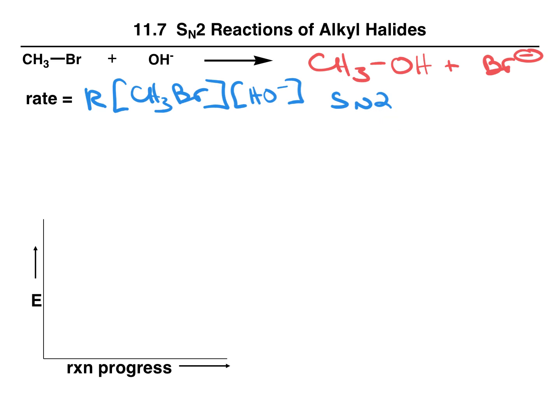If we think about the details of the reaction, let's say we have our substrate like this, and then our nucleophile can add. Now, the nucleophile is going to add to the back side, the side opposite where the leaving group is.